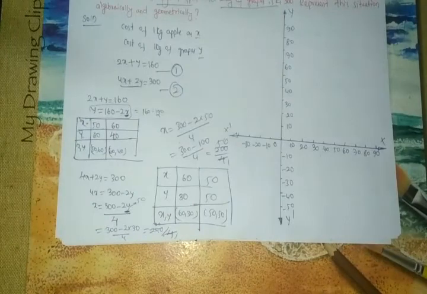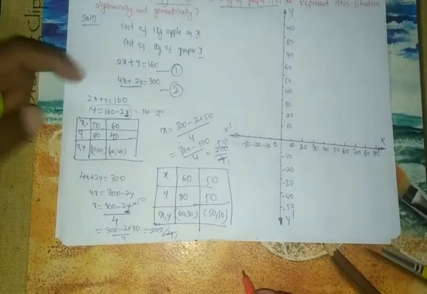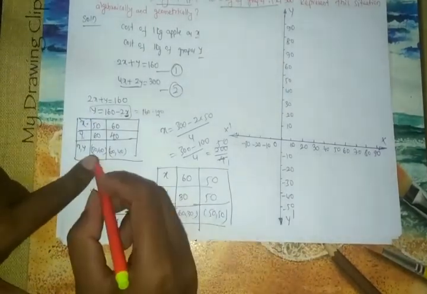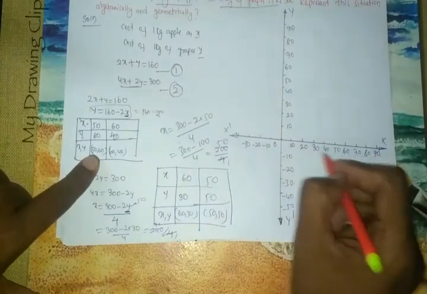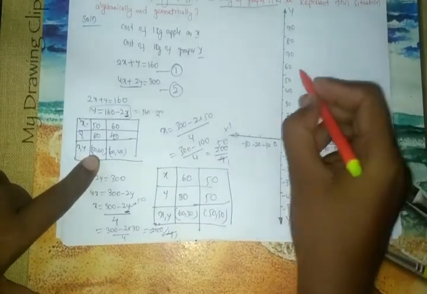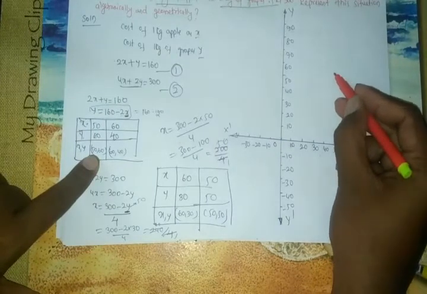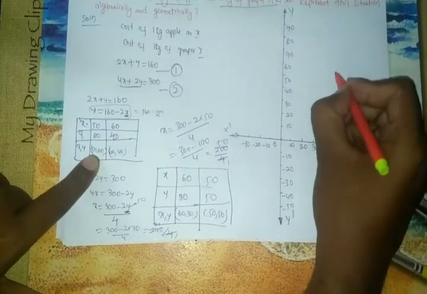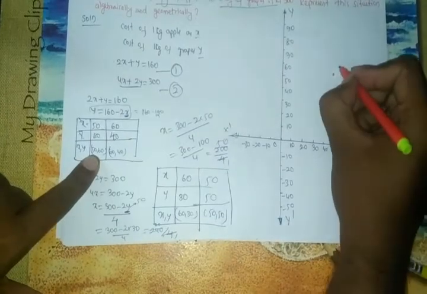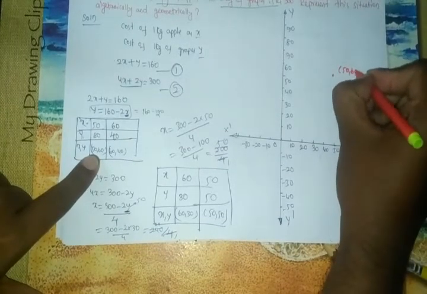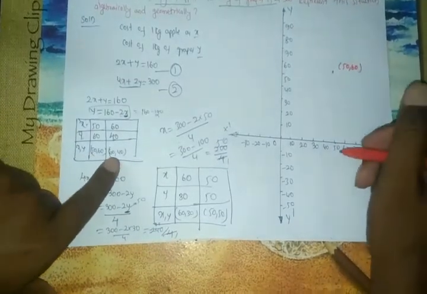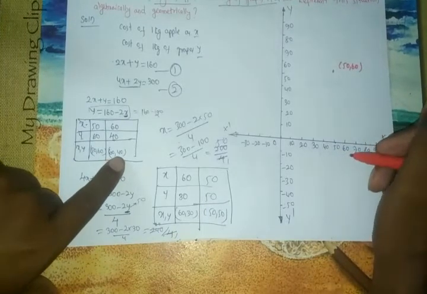So let me represent equation 1. For that I have got 2 points. One is 50 comma 60. When x is 50, its corresponding value of y is 60. So somewhere here, this point, which is 50 comma 60, and one more is 60 comma 40.